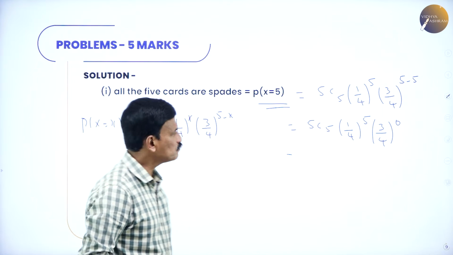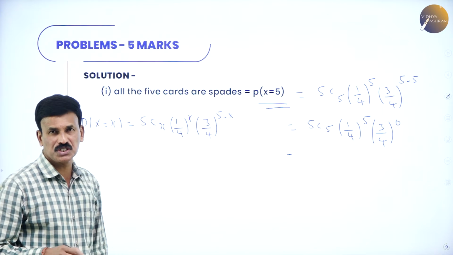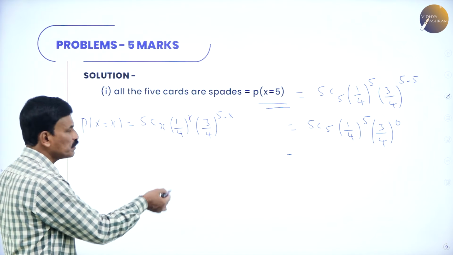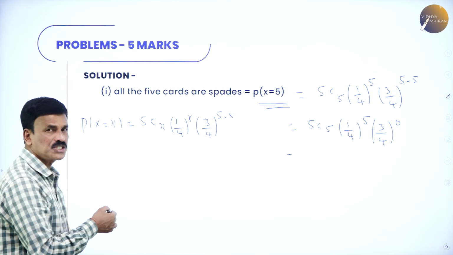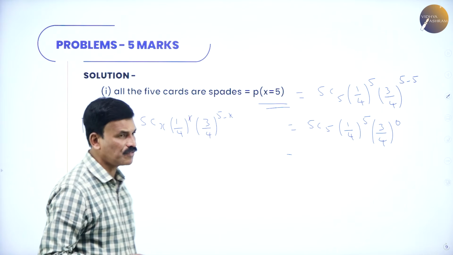Okay, let me explain. All the 5 cards are spades, that is P of X equal to 5. We know the general formula, what we got from the previous, P of X equal to x is 5Cx 1 by 4 to the power of x into 3 by 4 to the power of 5 minus x.